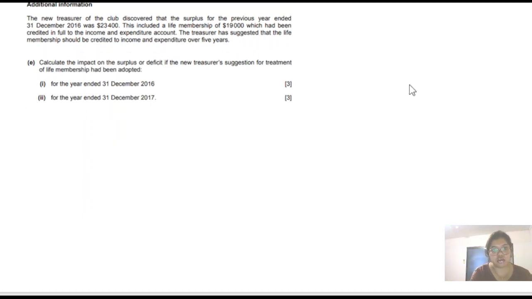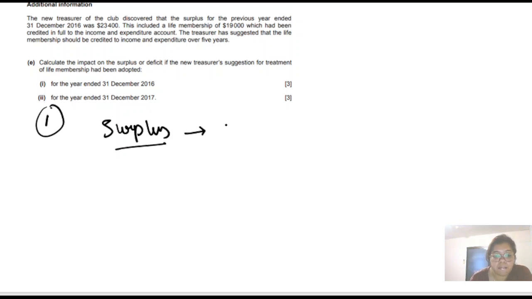That was the last question. The new treasurer, again this is the same information, but in the E part they ask you to calculate the impact on surplus or deficit of the new treasurer's suggested treatment. In the first year, the surplus is 23,400, clearly given, and the full life membership is 19,000.